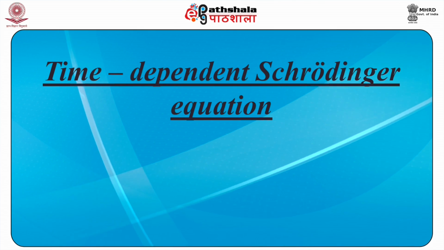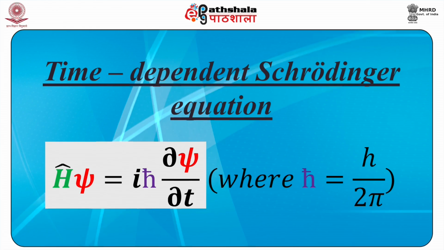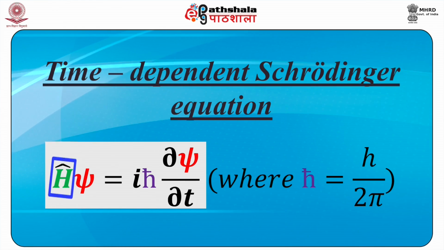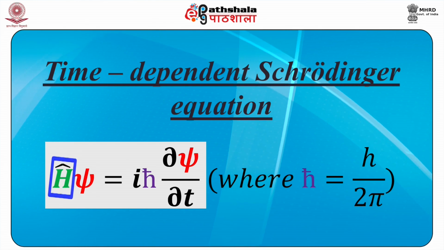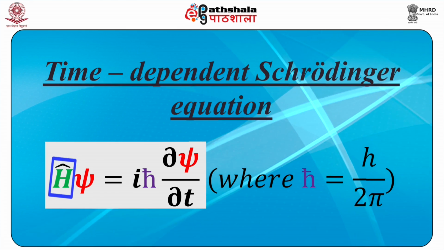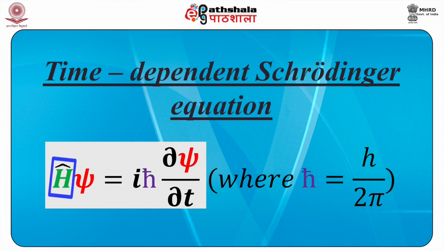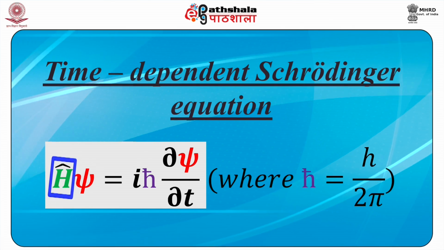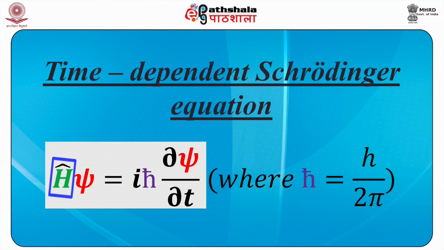If we look at the time dependent Schrödinger equation, one can see that on the left hand side we have H cap. H cap is the Hamiltonian, or in other words, the total energy operator. In quantum mechanics, whenever we denote an operator, we denote it with the help of a cap, and then comes psi, H cap psi.